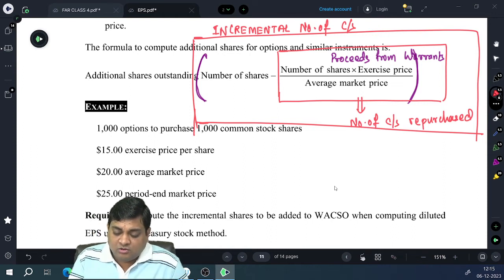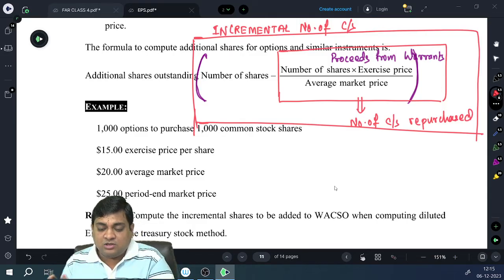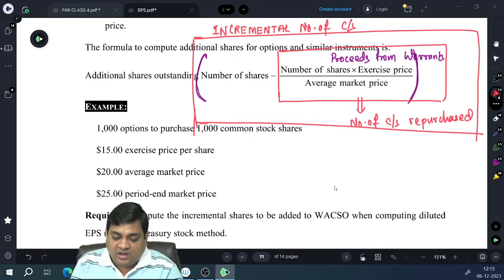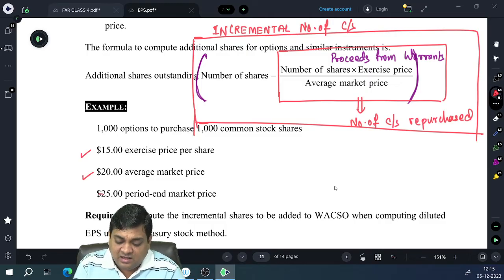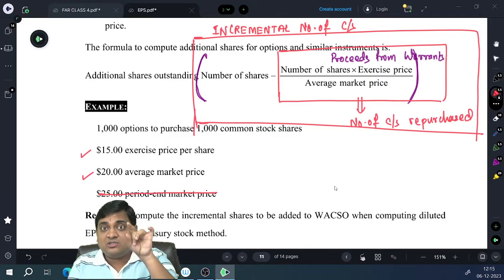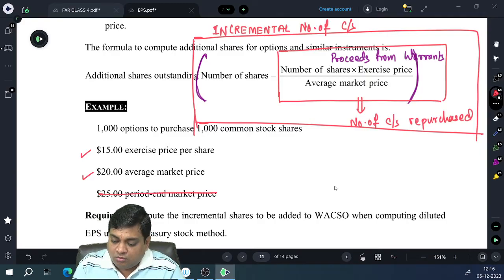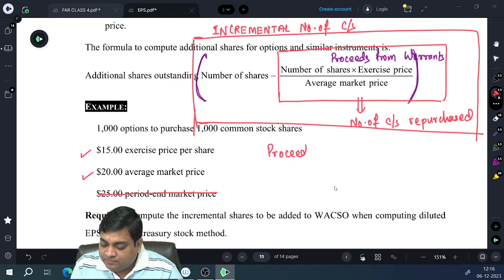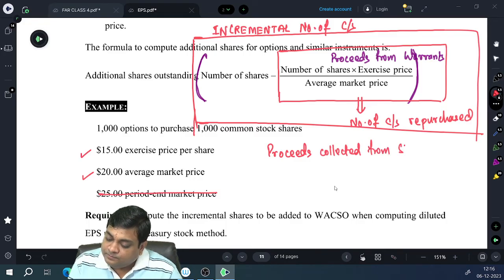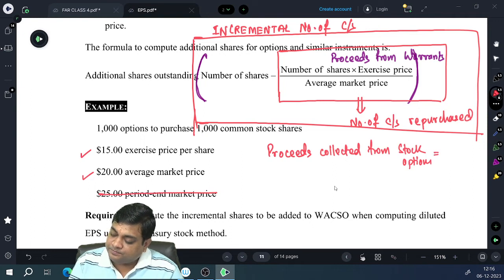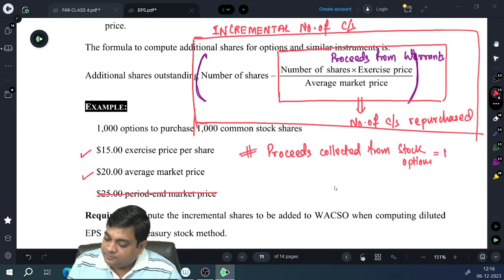So you have given 1000 options to purchase 1000 common stock to the investors, and they are ready to subscribe at 15 rupees, which is the exercise price, whereas the average market price is given. The year-end market price is not relevant because they have used the word average market price. So what are the proceeds from this option? Proceeds collected from stock options, that is 1000 into 15.